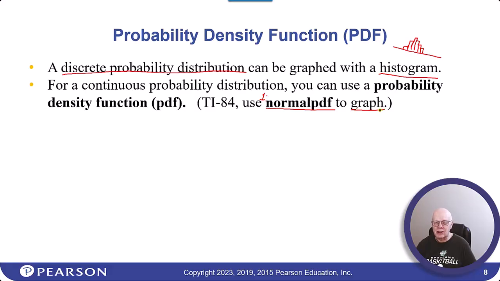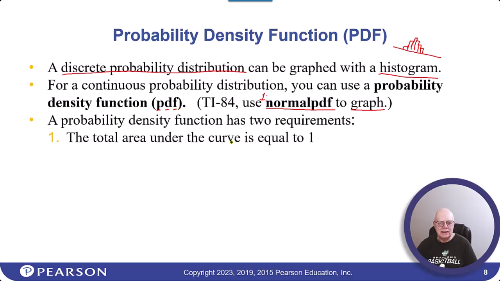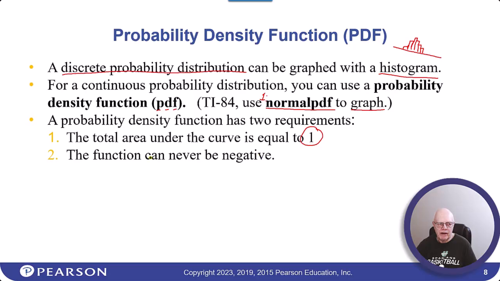You're probably not going to use it at all in this entire semester. Now the probability density function, that's what the PDF stands for, has 2 requirements. First of all, the area under the curve is equal to 1. Does that sound familiar? I mentioned that before. The function can never be negative. That means it never touches or crosses the x-axis. Remember those two. Very important.